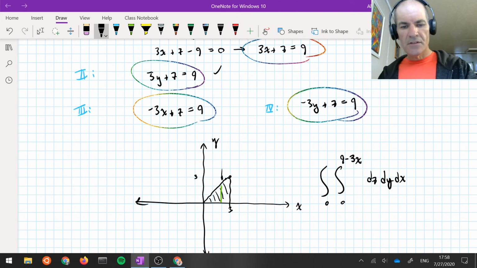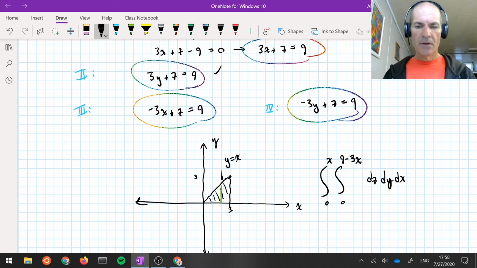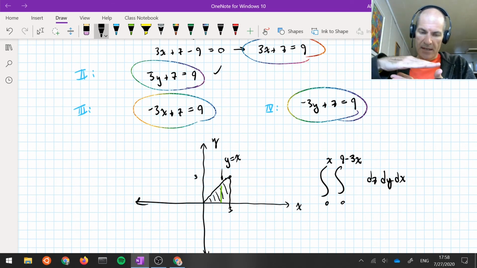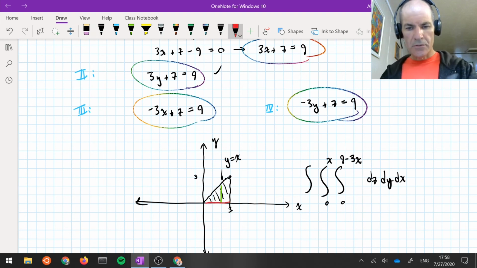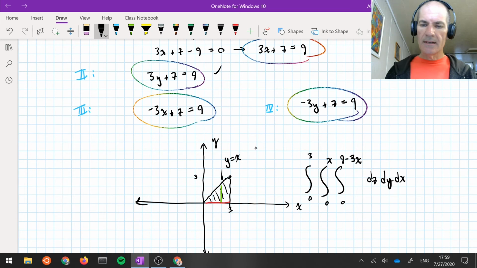You might notice it's the line y equals x. So y starts at 0 and ends at the line y equals x. We've now accounted for the y. The last variable, take that area and smush it down onto the x-axis, the last remaining variable. And we see that that's going to go from 0 to 3, like that. And I think we're good.